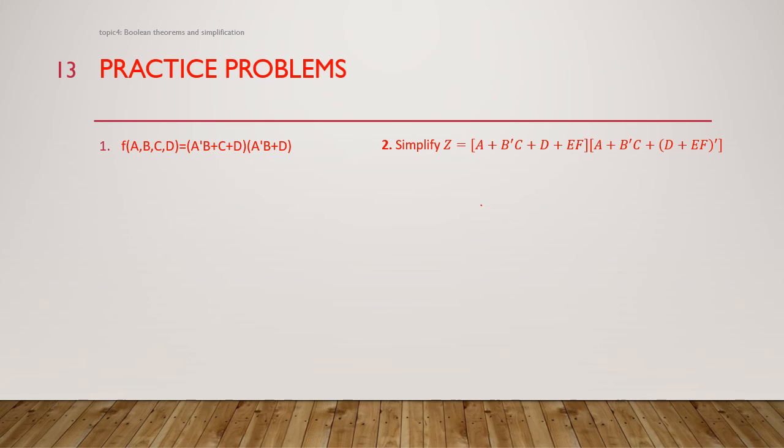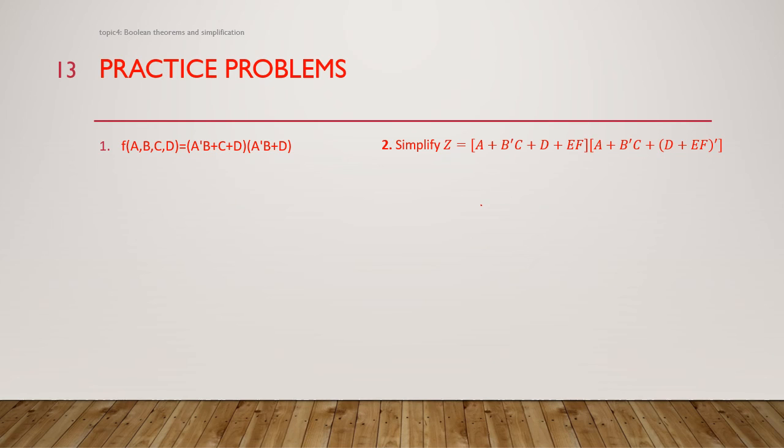Because you know that the Boolean expressions really can determine how we wire up our physical circuit. So if we have a simpler Boolean expression, our logic circuit will be simpler, right? And the simpler logic circuit, most of the time it means lower cost, high performance, and high speed. So that's why simplification is actually very, very critical.